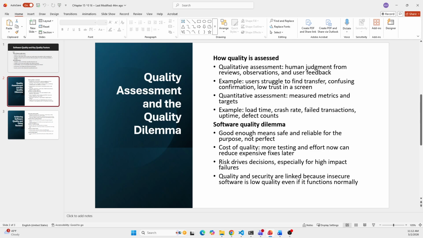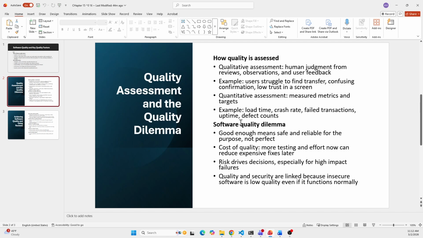Targets might be, account page loads in under 2 seconds for most users. Crash rate stays under 1%. So those are quantitative measures, basically help teams set clear goals and track progress over time.